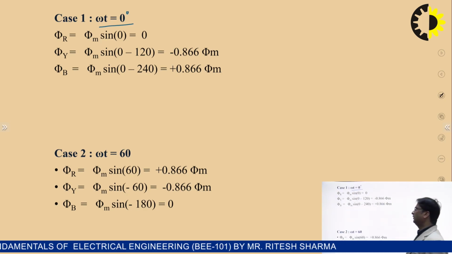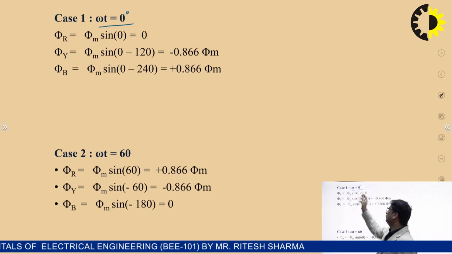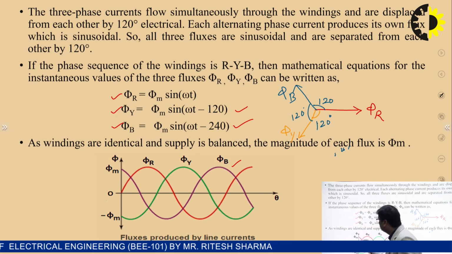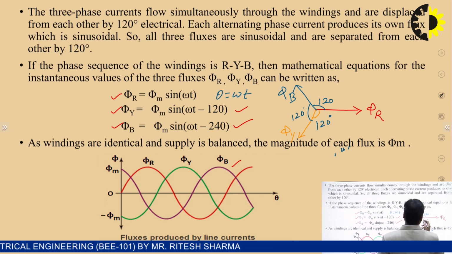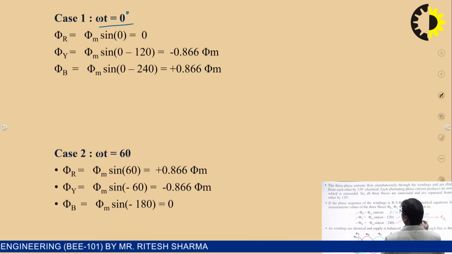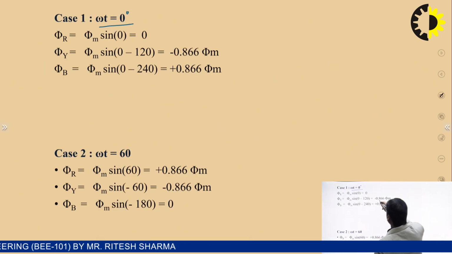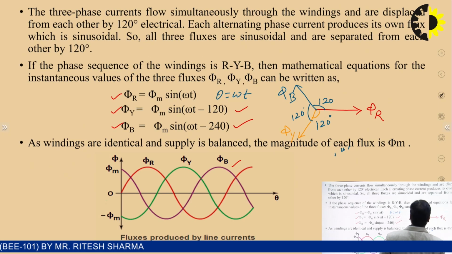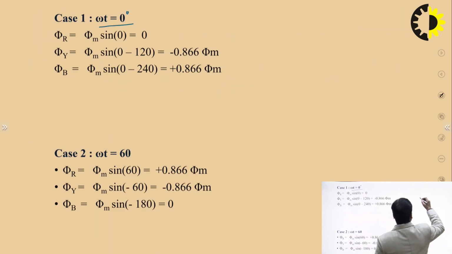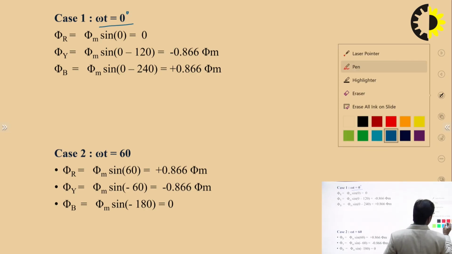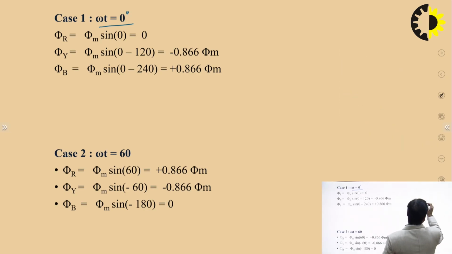At 0 degree, when we take omega t as 0 degree, at this position, phi Y is minus 0.866 phi m, meaning its value is negative. So its phasor, if I take the same color: phi R is almost 0, it is 0, that's why it is shown dashed.